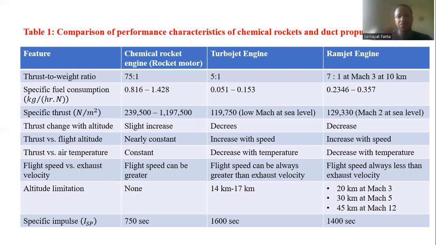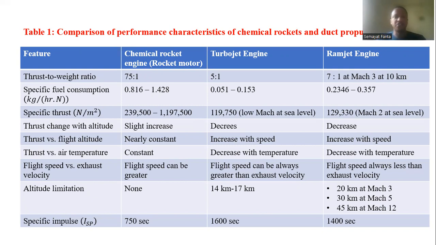That is the meaning of specific. If it is simply fuel consumption, then it is kilogram, there is nothing behind it. When we say thrust, the unit is Newton. But specific thrust is the amount of thrust produced per meter square of the area, that is, divided by area.